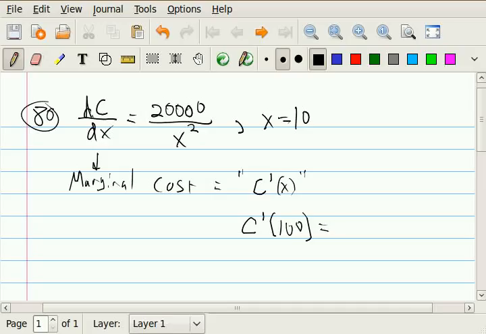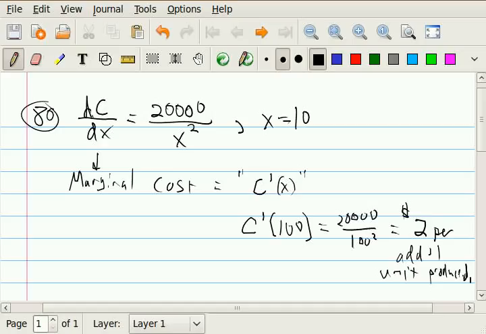It's going to be 20,000 over 100 squared. 100 squared is 10,000, so that's going to be 2. Two what? Well, $2 per additional unit produced. That means that when this company is making 100 units, the cost is increasing at a rate of $2 per additional unit.